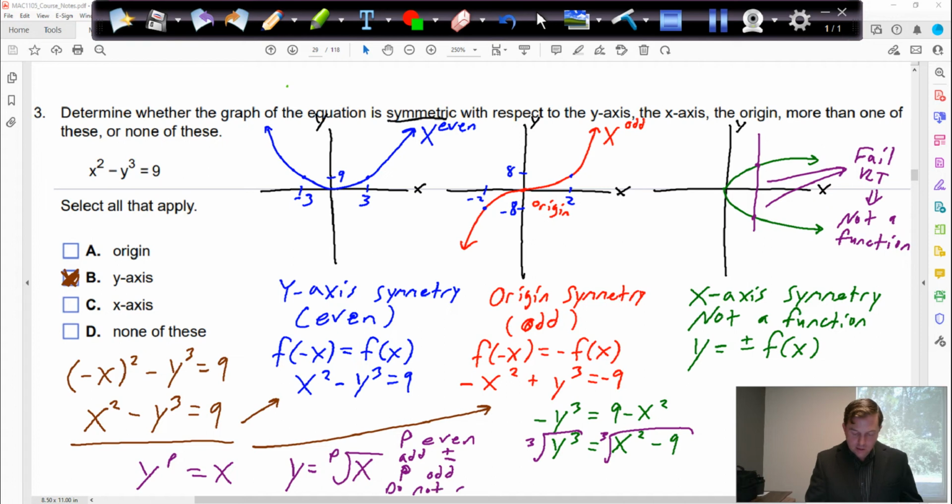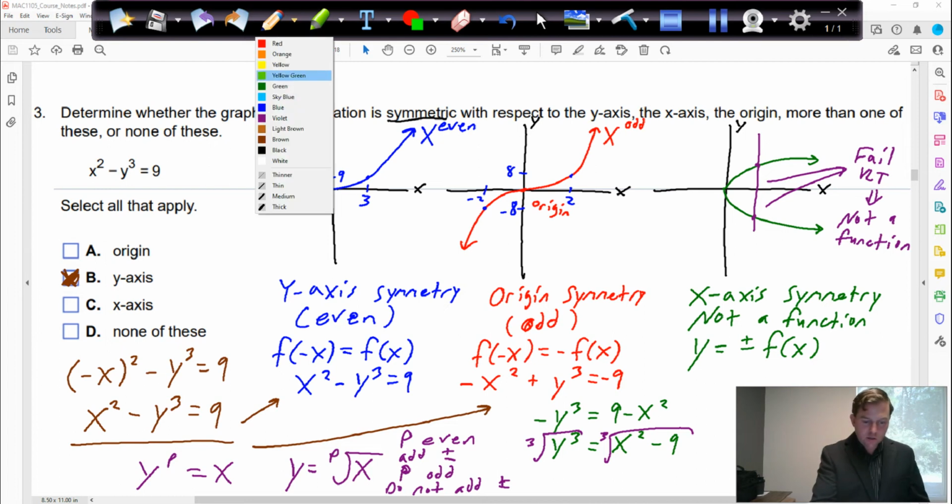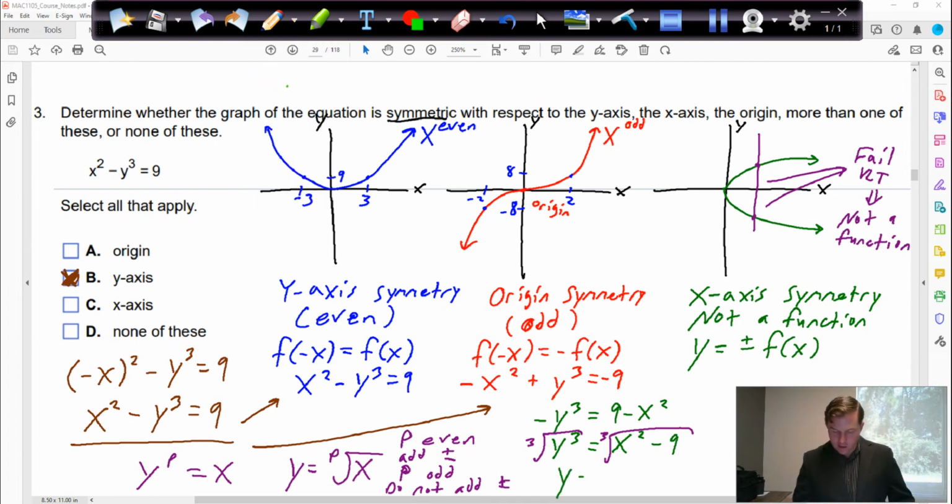So this answer over here is just y is equal to the third root of x squared minus 9. So it's only going to be the top portion of this graph. It's not going to have this bottom portion. So it will not have this x-axis symmetry.